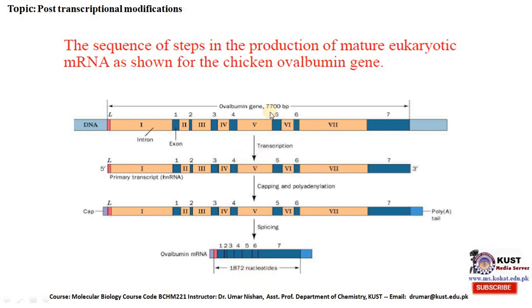Before this it consisted of 7700 base pairs, but now it is only 1872 base pairs because of the removal of the introns through the process of post-transcriptional modification. Now this is the mature messenger RNA that we have for this particular gene.